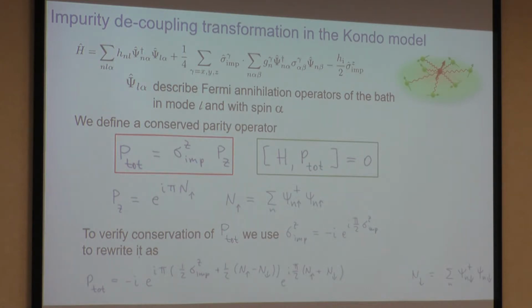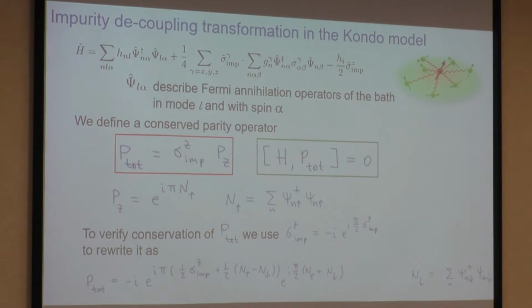So we have to do something more clever. And in fact, what we do is in many ways inspired by the Lee-Low-Pines transformation that we discussed before in the polarons. So basically, we want to use conservation laws present in the system in order to get rid of the impurity degrees of freedom.